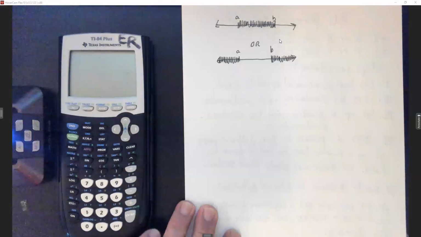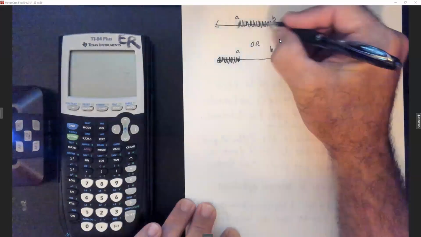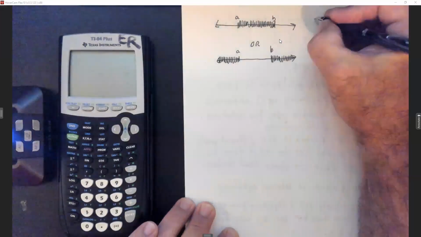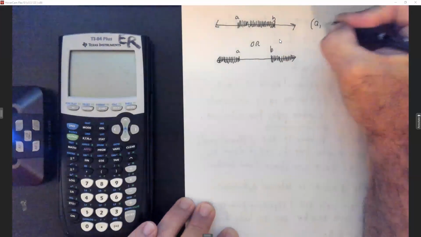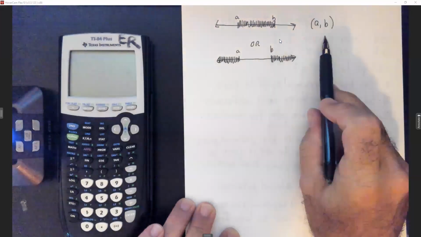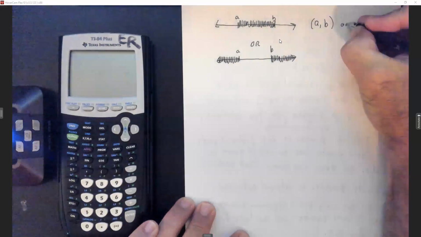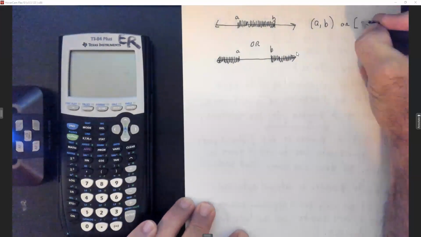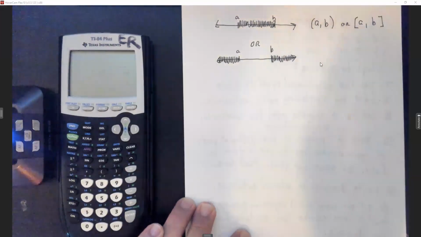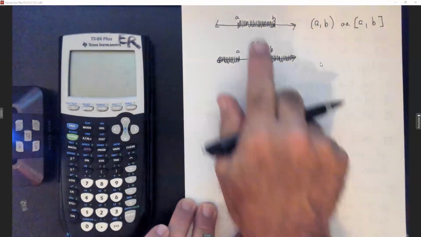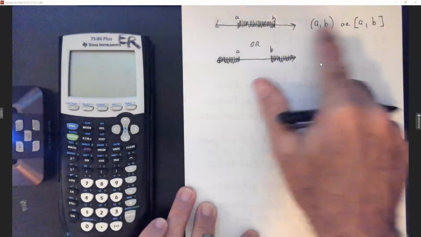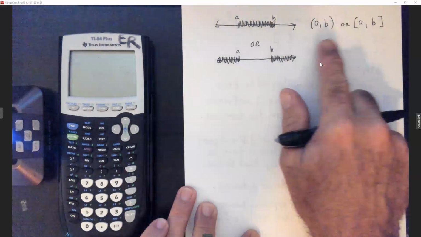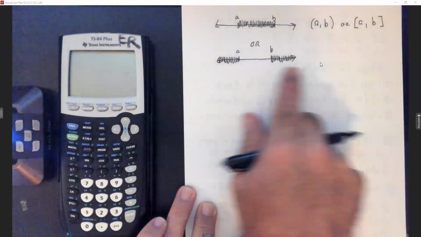So if you get the top, your answers will either be a set of parentheses, or if you got the equals, it'll be brackets. If it shades in the middle, you'll either have a set of parentheses or brackets with your interval in it.